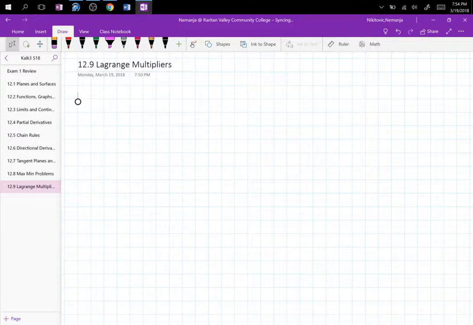So now, this section is teaching you how to find the minimum or a maximum on the surface of the object given the constraint, which is this black line in this case.